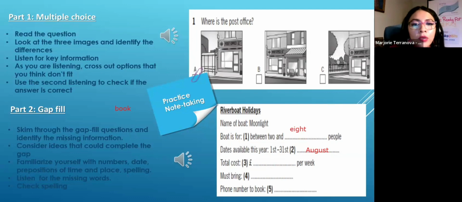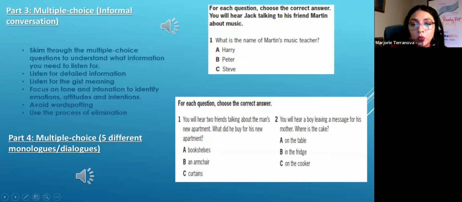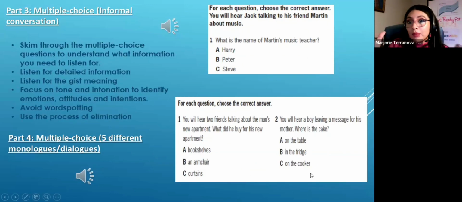Now, for parts 3 and 4 of the test, you will have multiple choice exercises, okay? Now, what is the difference between them? Well, the difference is that in the first one, you're going to listen to an informal conversation, whereas in the other one there are 5 different monologues or dialogues, which means that for the first part, the students will listen to everything completely and then try to find the answers.